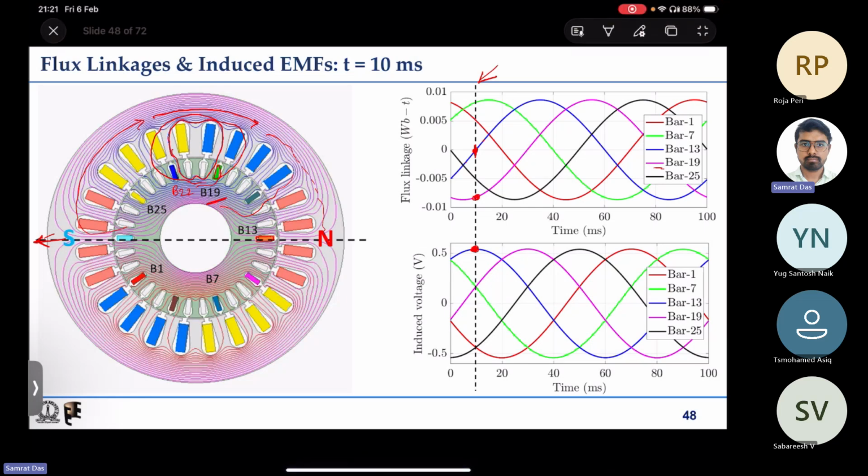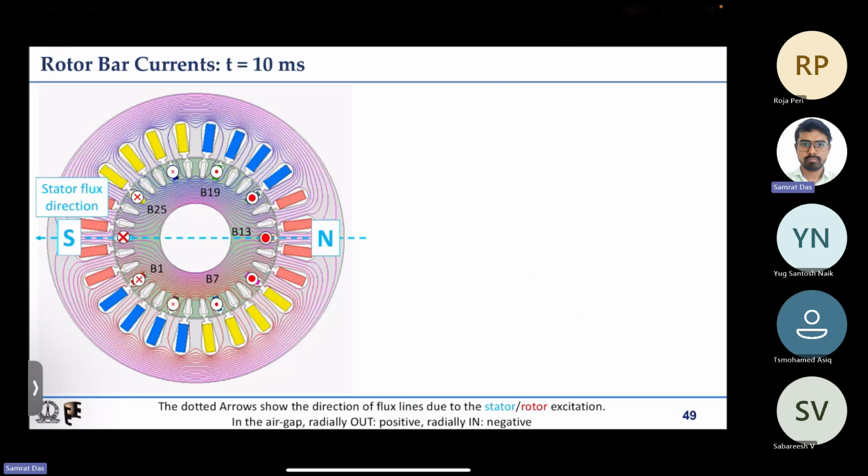B19 and B25 both have negative flux linkage at this instant, whereas all the bars on the lower side like B1 and B7 are having positive flux linkage, because flux lines are going in the anti-clockwise direction in the lower half. That is why flux linkage is positive. So how do we get induced EMF from flux linkage? That is also clear. I have discussed it elaborately last class.